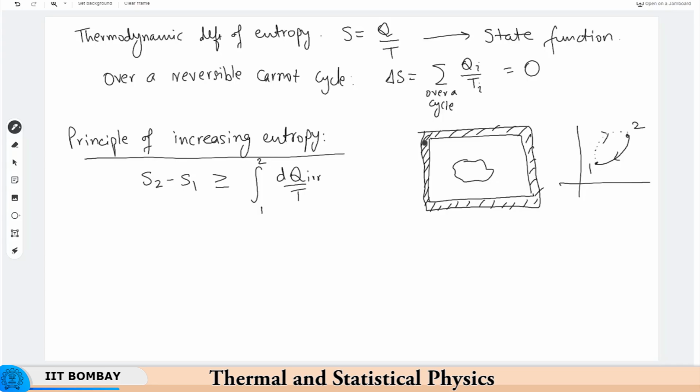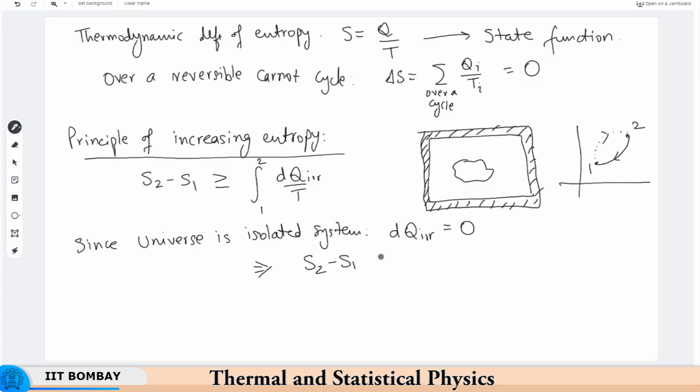Since it is isolated, there is no heat exchange, so any process happening inside the universe must be accompanied by dq equal to 0. So dq irreversible has to be 0, which implies S2 minus S1 has to be greater than 0 if the process is irreversible, right.